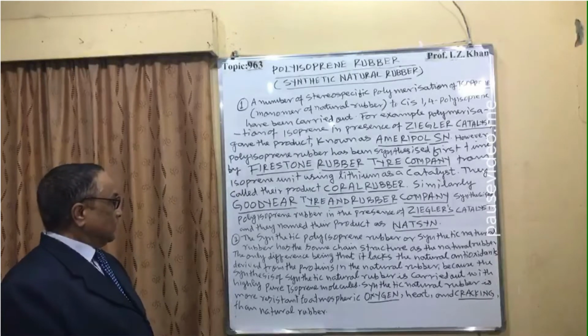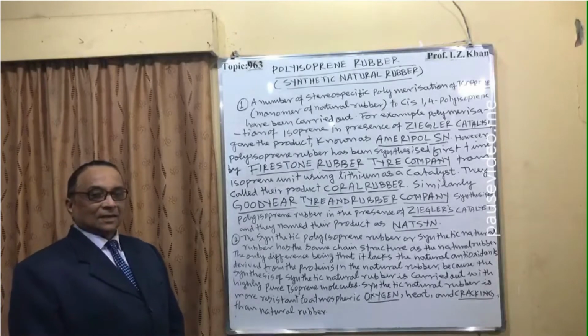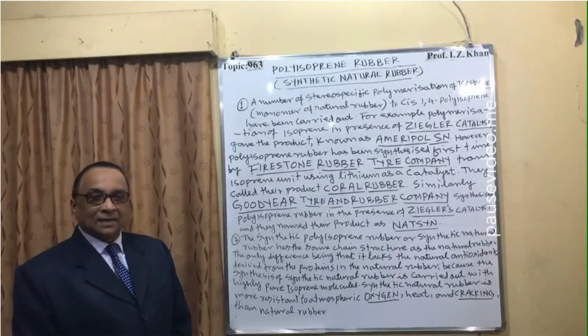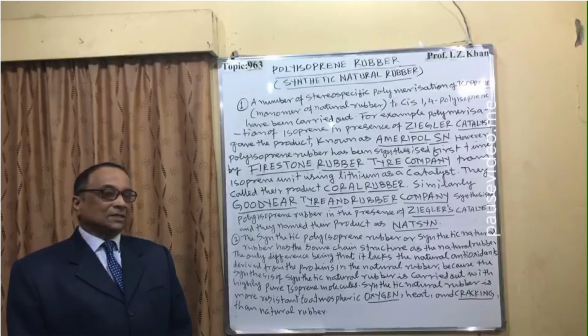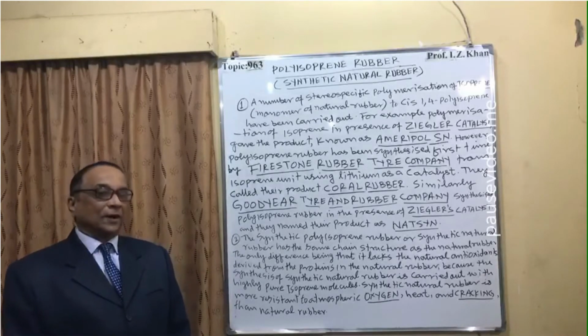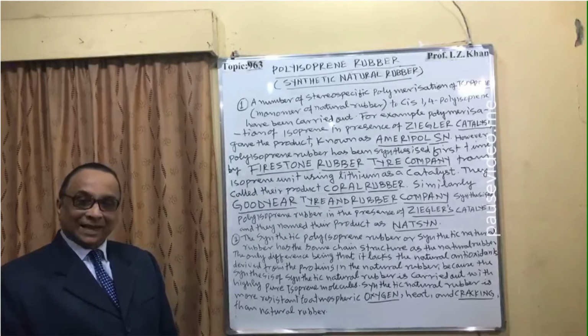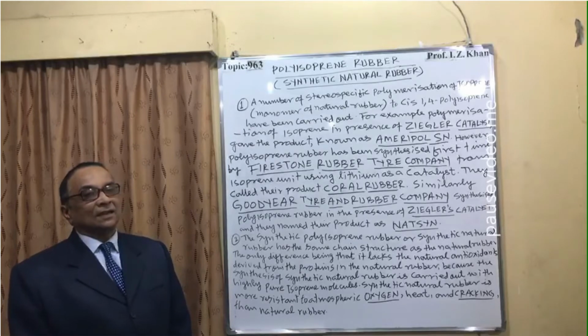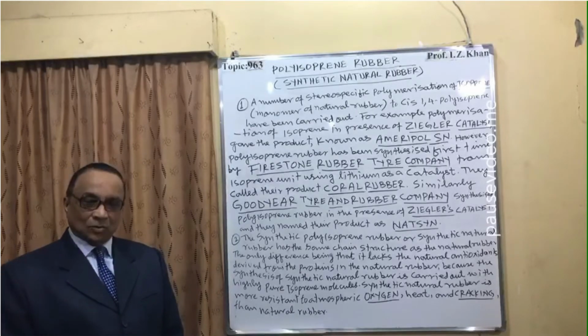The only difference between natural rubber and synthetic natural rubber is that natural rubber, which is extracted from plant sources, contains antioxidants, and those antioxidants are from protein molecules.